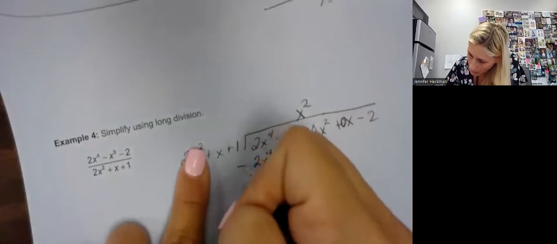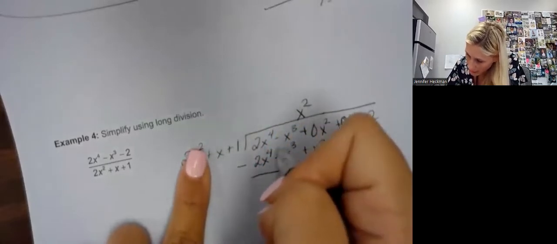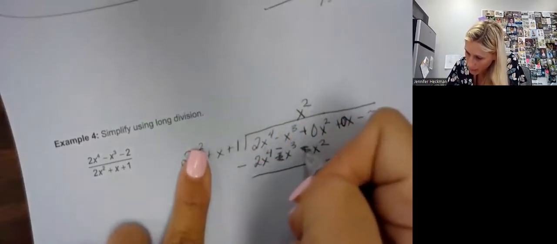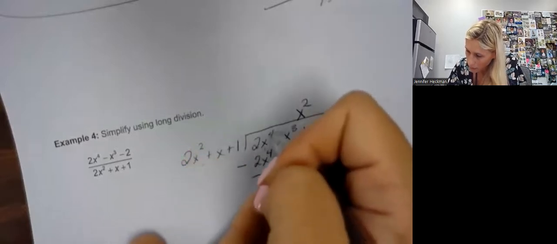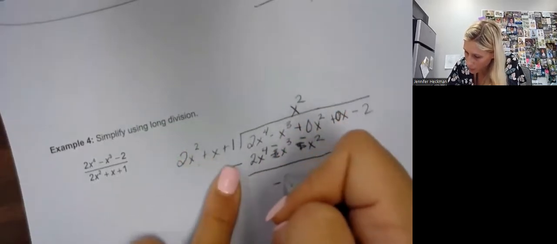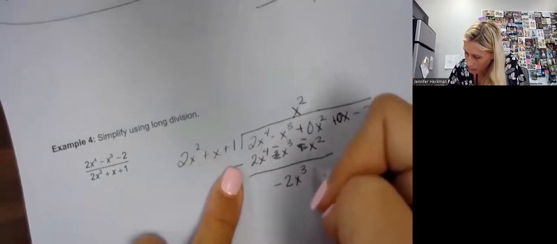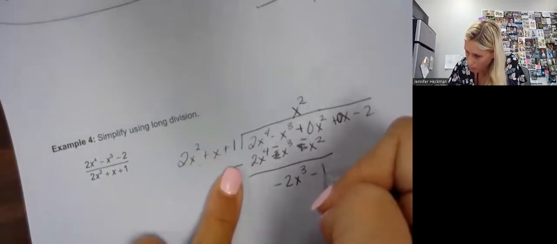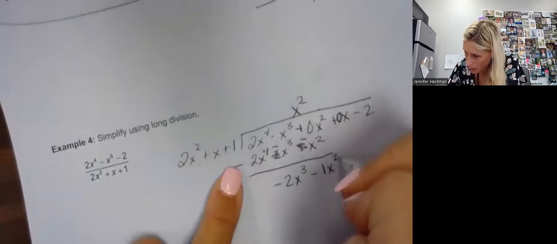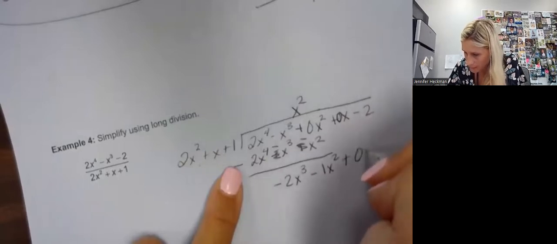Okay, change the signs to add. Those cancel, and we have negative 2x cubed. And that gives us negative 1x squared. Bring down the x.